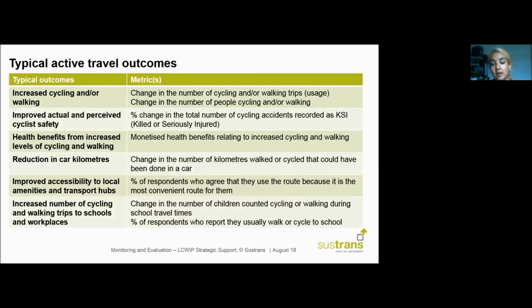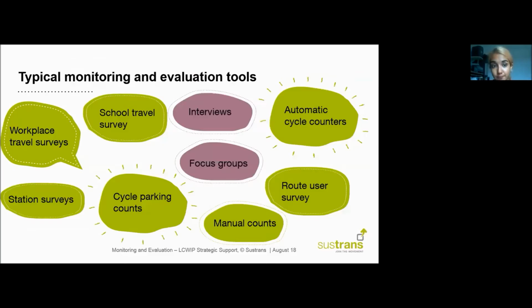That's the metric around which the monitoring approach needs to be structured, and that dictates the type of monitoring tool that needs to be chosen. The same is true for any of the subsequent outcomes. They will have a corresponding metric, or something that needs to be measured in order to understand that change, and it is that which determines the tool that should be used.